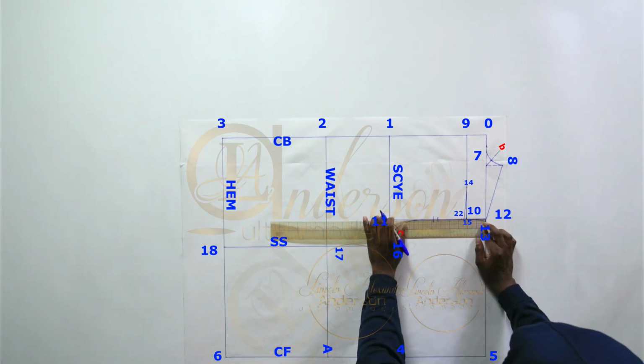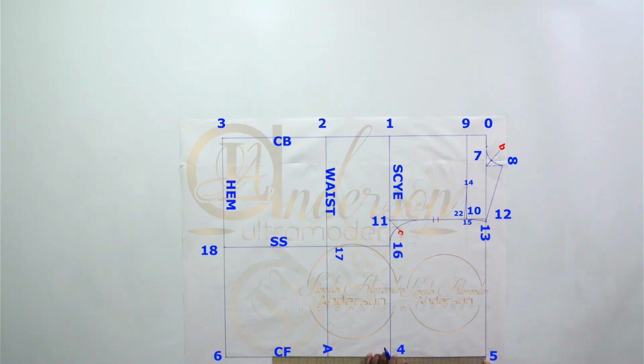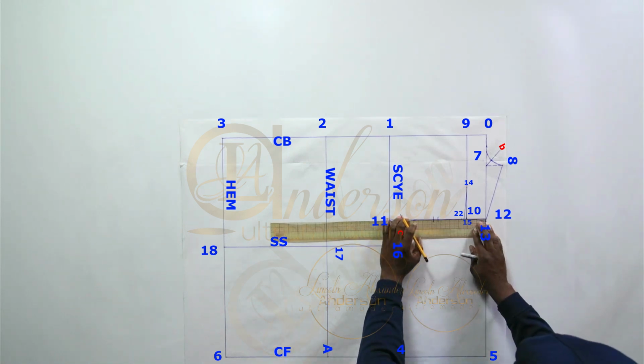15 to 22 is 1.5 centimeters. And that's going to be the guide for the front shoulder.